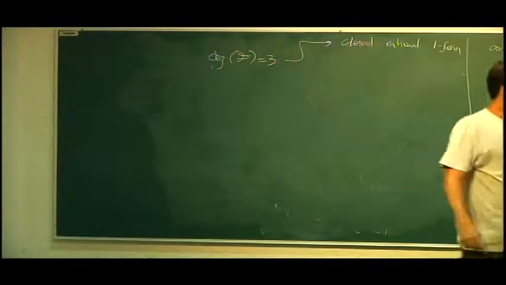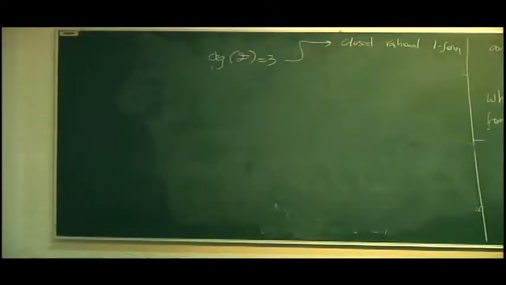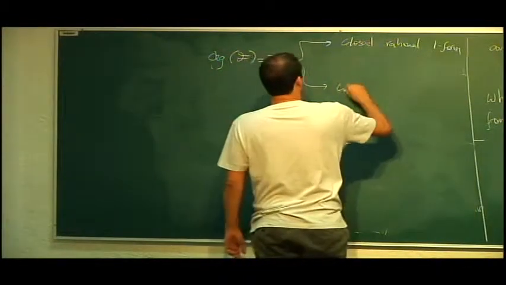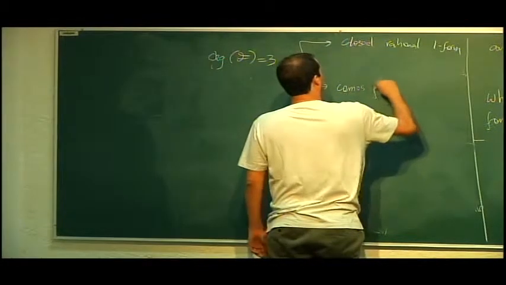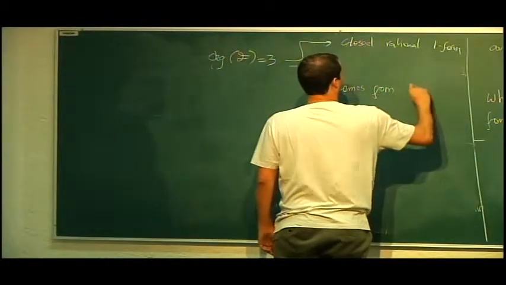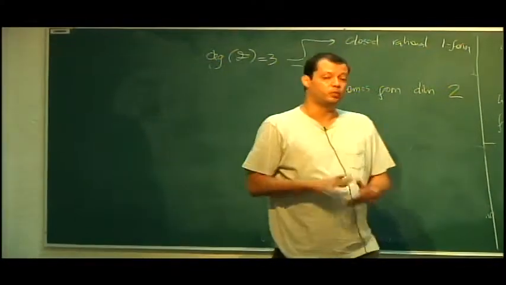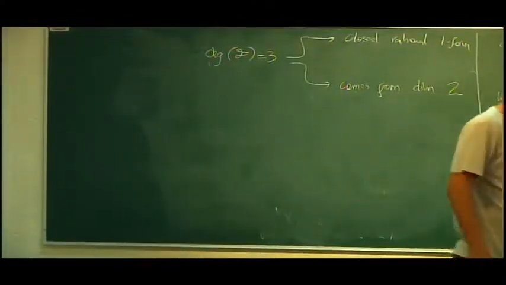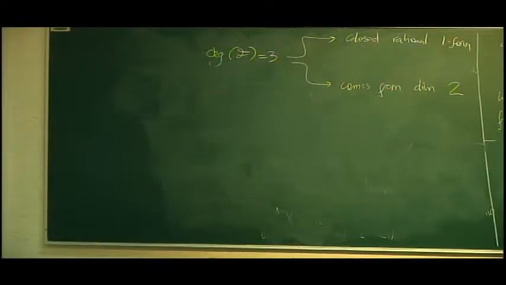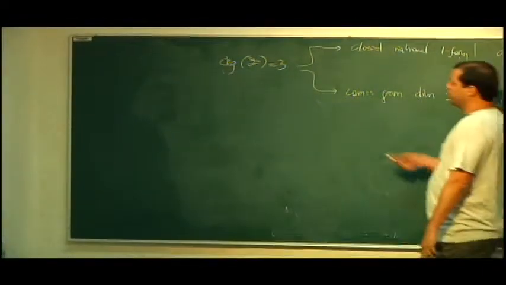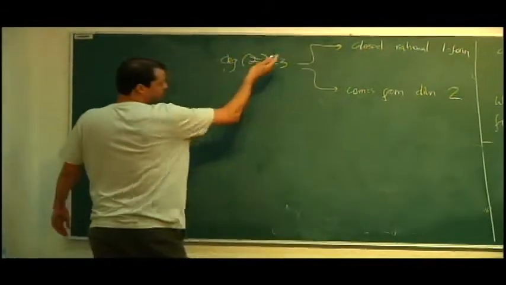It's the case where this foliation F tang epsilon is strictly positive, or comes from dimension 2, which is the case where epsilon is 0. Of course, this works not only on degree 3, it works on degree smaller than 3, but that's what we already knew.